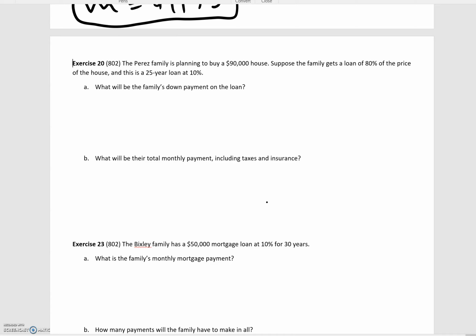So the down payment looks like it's going to be 20% of the house, because they're getting a loan for 80% of the price. So the down payment will be $90,000 times 20%. This is a pretty nice math problem. So this is going to be $18,000 for a down payment.